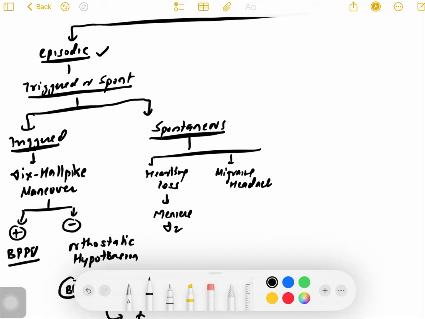With associated psychiatric symptoms, that is panic attack or any other psychiatric condition. Okay, this is all about episodic dizziness.